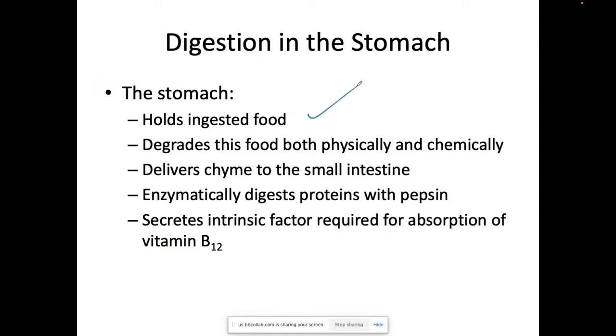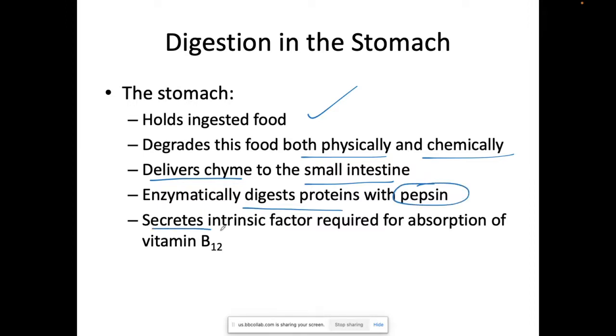So the stomach is going to hold the ingested food. It's going to degrade the food both physically and chemically. Physically, because of those three layers of muscles, and chemically from the digestive enzymes, especially the hydrochloric acid. The stomach will deliver the chyme into the duodenum and enzymatically digest proteins with pepsin.